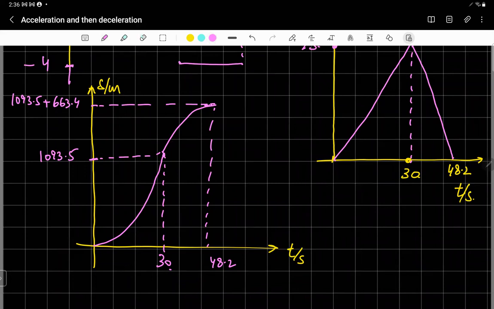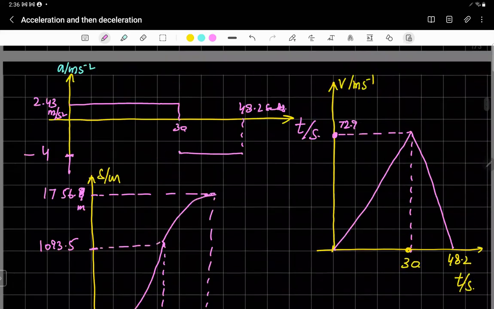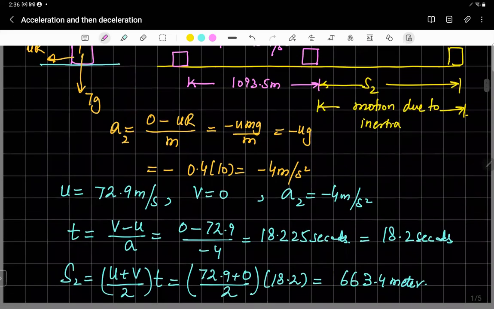So what is this answer? Please calculate it. 1756.9. Okay, meter. I hope you understand what I have taught.